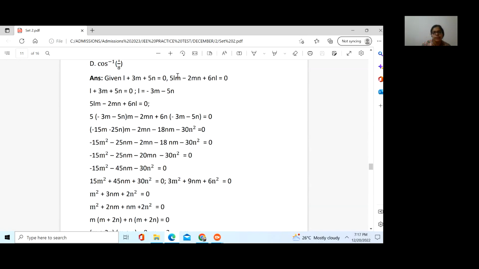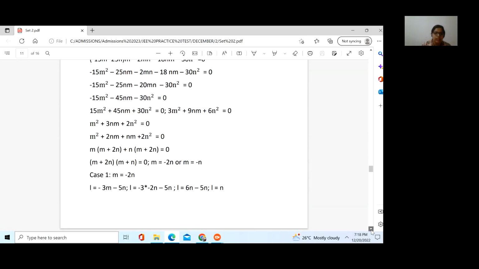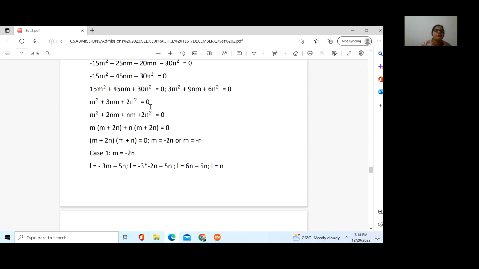So how will it be? For l in 5lm, I have substituted minus 3m minus 5n, multiplied by m, minus 2mn as it is. And for 6nl, I have substituted l as minus 3m minus 5n. You can simply solve this and arrive at an equation. Just expand it.